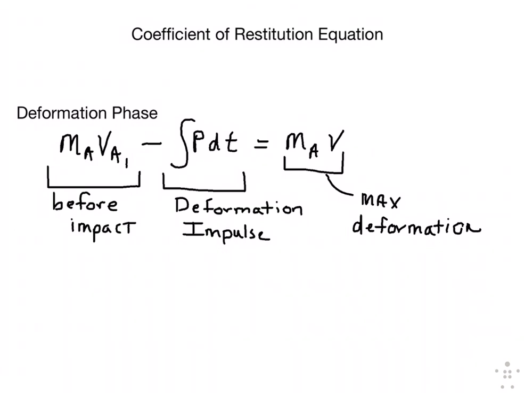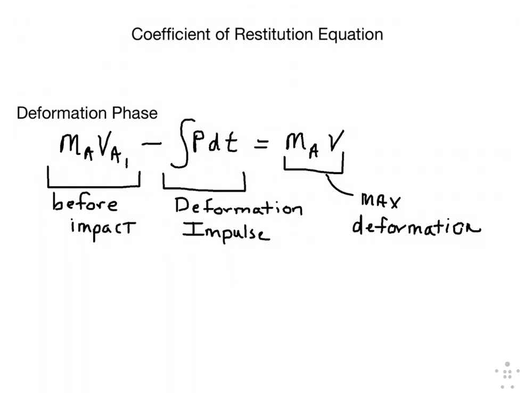So here you see this is an equation for linear impulse and momentum, and we have the momentum of particle A prior to impact, which is just the mass times the velocity. Then we have a deformation impulse, and this derivation goes along with the pictures in your book where it talks through the central impact. So you should have those pictures up in front of you as you watch this video, so this makes a little bit more sense.